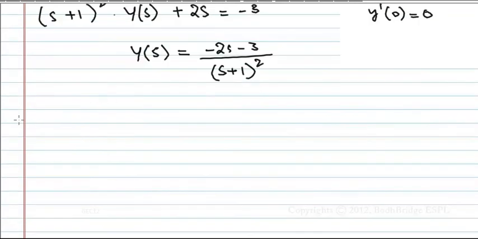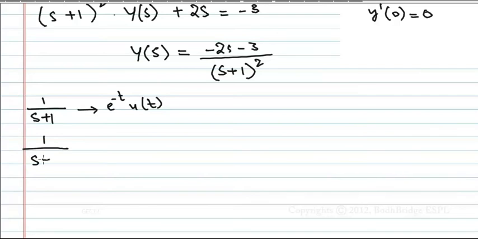Now if you remember the inverse Laplace transform, 1 by s plus 1 has inverse transform e power minus t u of t. And 1 by s plus 1 whole square has t into e power minus t u of t, by the differentiation property.